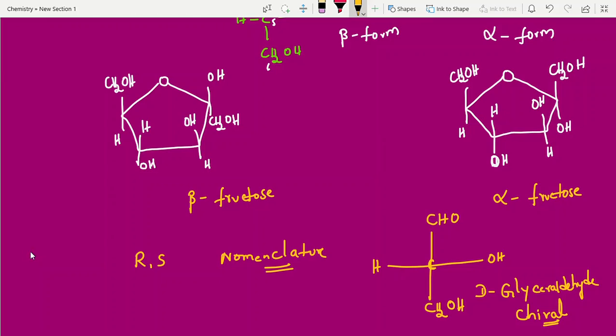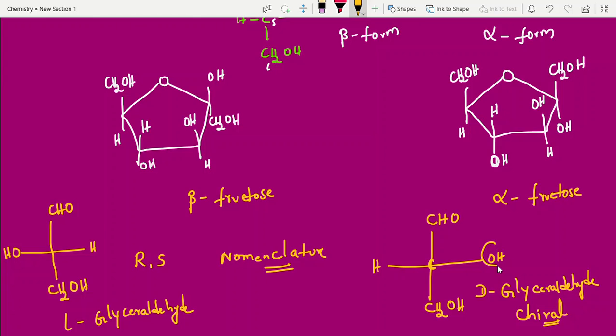And suppose the same structure, the opposite, you can write OH here and interchange this. So then vertical no change, CH2OH. This is what we call it as, students, L-glyceraldehyde. Okay, and what basis we are deciding this one? OH group is on right hand side, OH group right hand side D, OH group left hand side L. That's it.